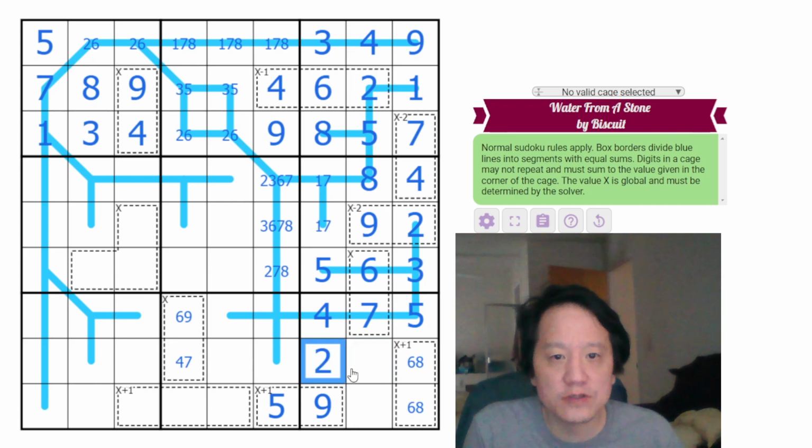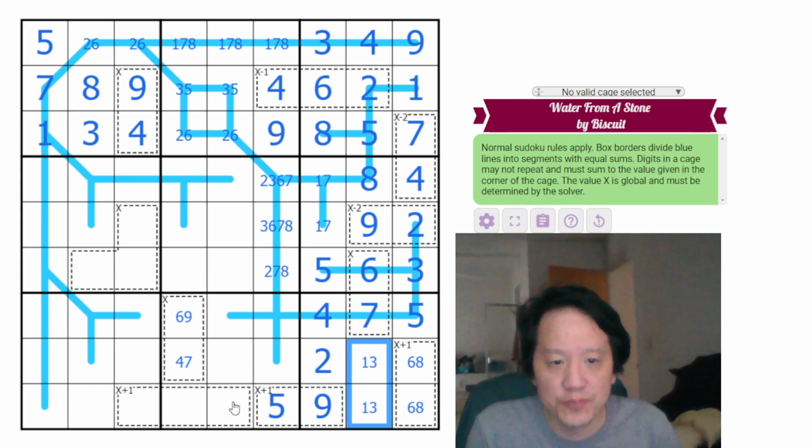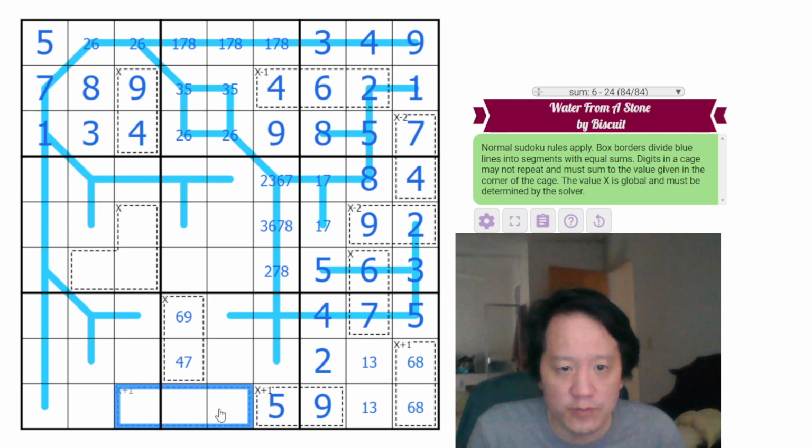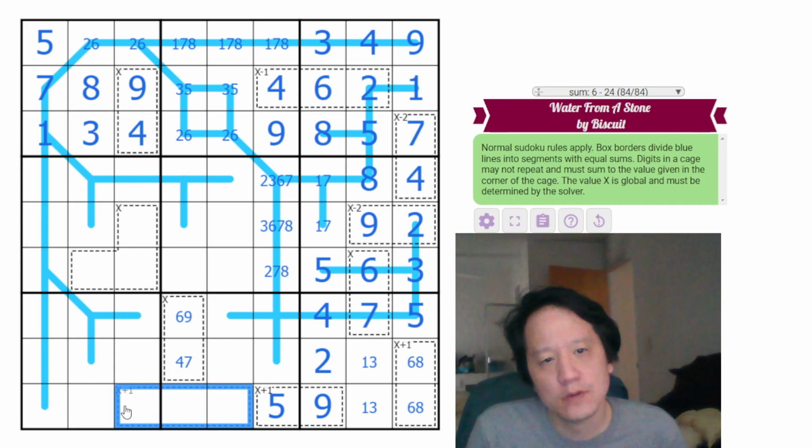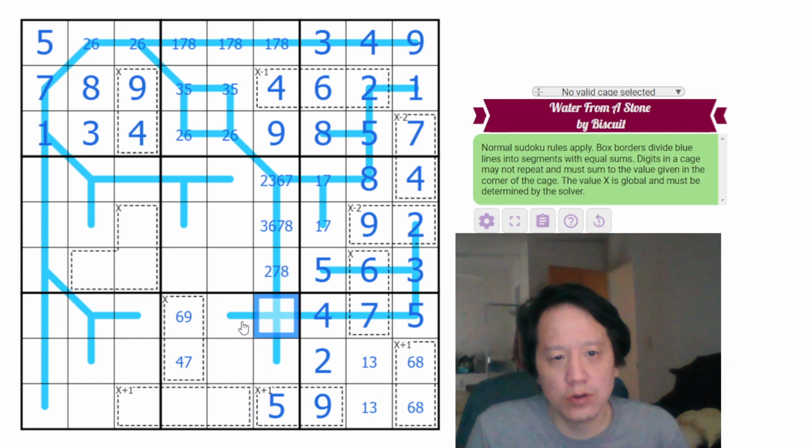Let's just make this. So this is 2. This is 1 and 3. This has to be 14, but no 5 or 9. 14, so it could be 1, 6, 7. This is also 13. This is 14.